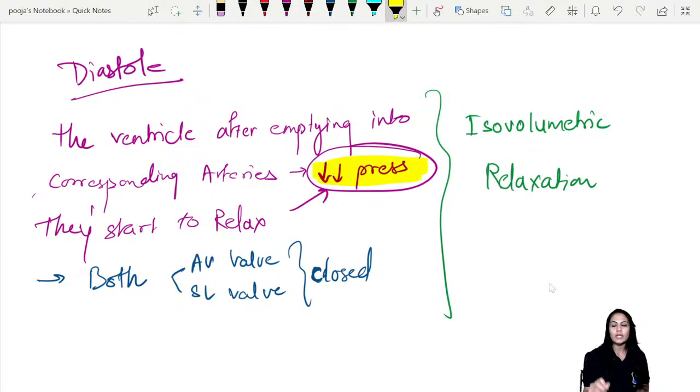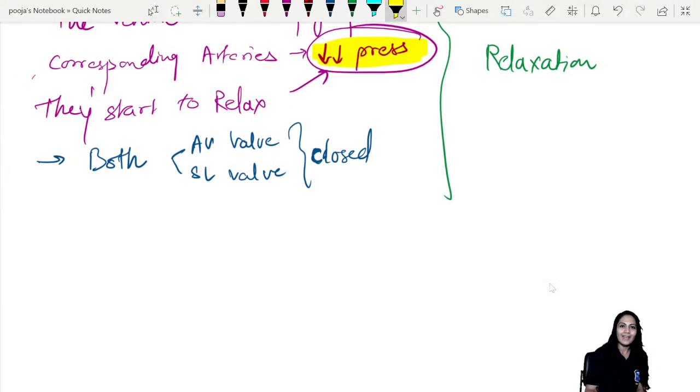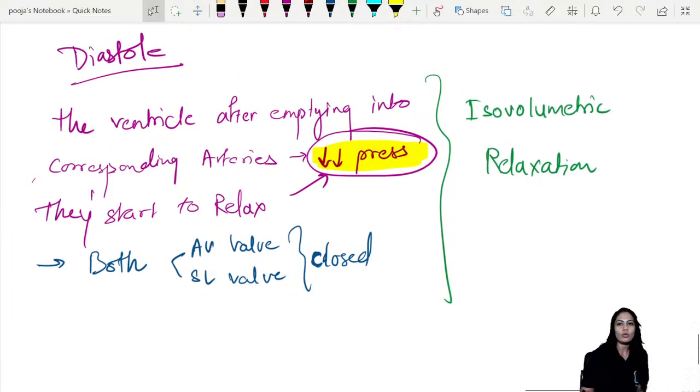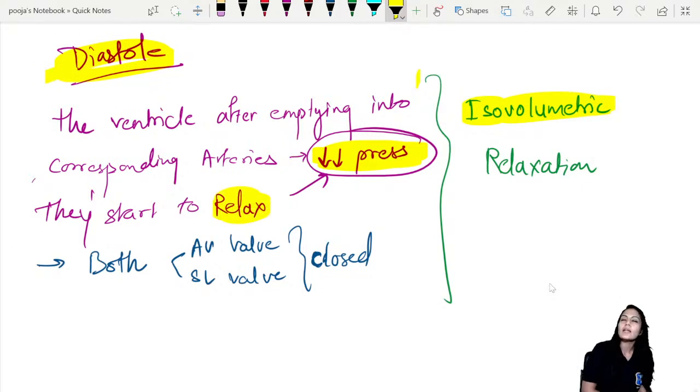That means the pressure is going to go down, but there is no volume change. That's why this is known as the isovolumetric phase, and over here we are talking about diastole. The ventricle is relaxing, and that's why it is known as isovolumetric relaxation.